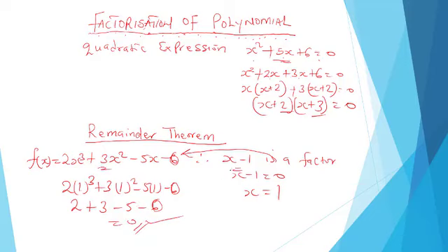So when you apply the remainder theorem and the value of your remainder is 0, just know that the divisor is a factor of the dividend, just like what we did in our previous class. Now let's try this other expression. We can refer to it as example 2.